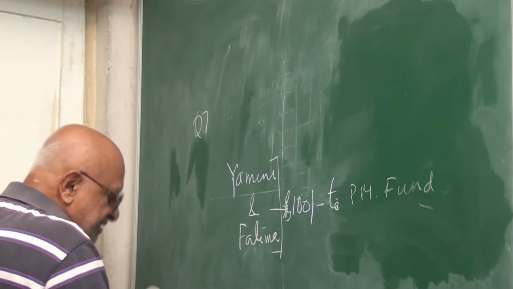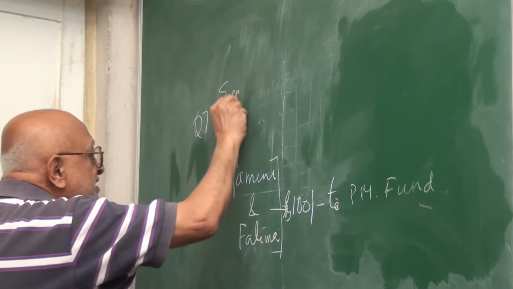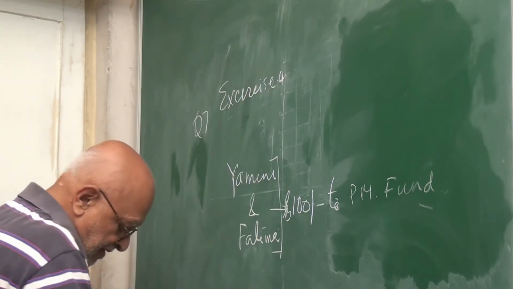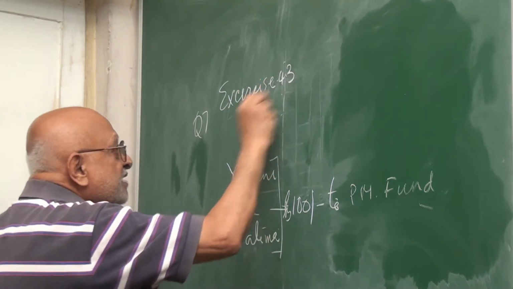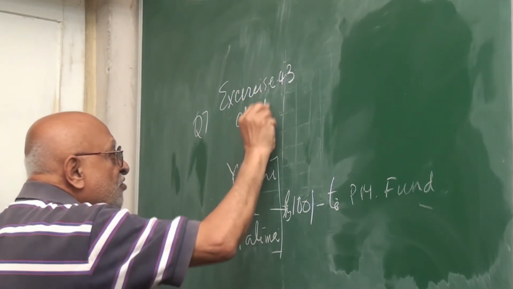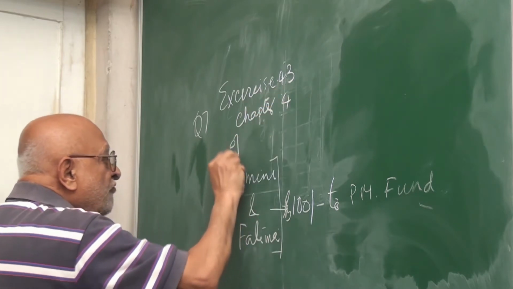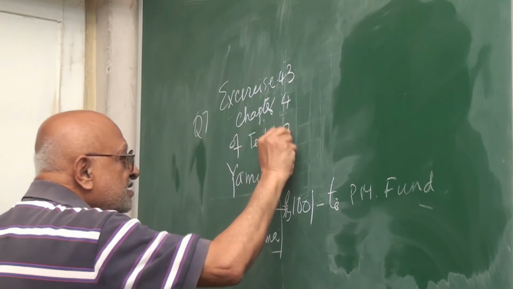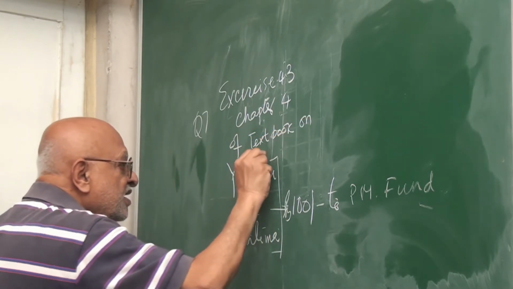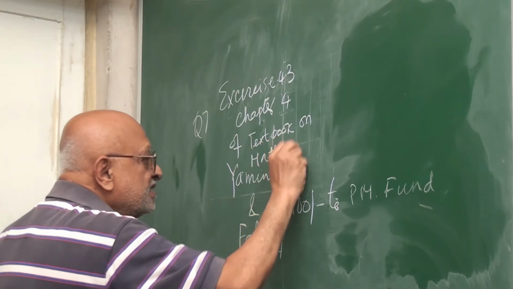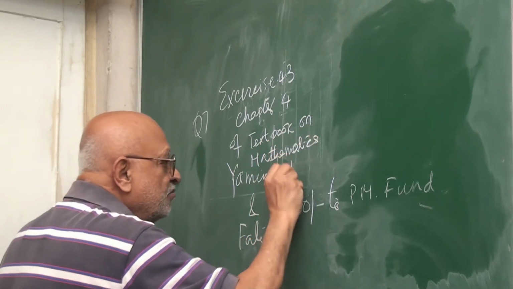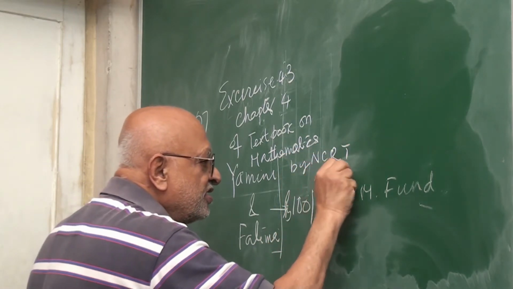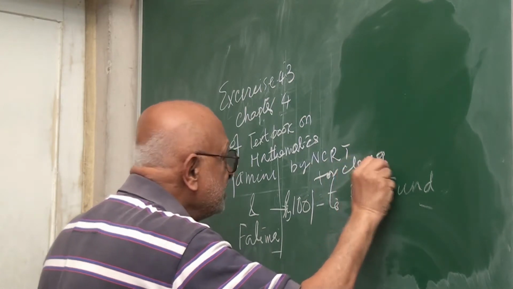The chapter is chapter 4, exercise 4.3, and this is from the textbook on mathematics by NCERT for class 9.